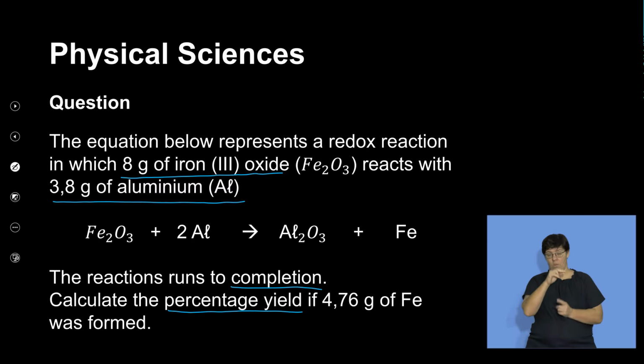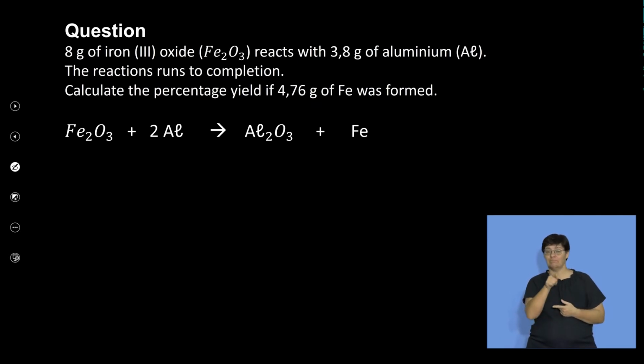Right. So first things first, the equation of reaction is balanced for us. So the stoichiometric ratio in which these react is that 1 mole of iron 3 oxide reacts with 2 moles of aluminium to give us a mole of aluminium oxide and a mole of iron. So the stoichiometric ratio, in short, is 1:2:1:1.